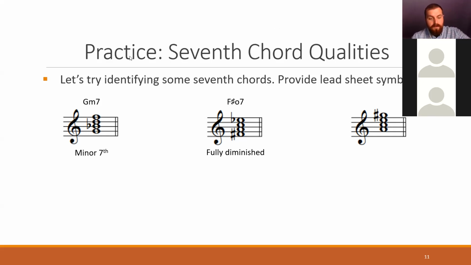Okay. Let's take some guesses. What do we got? What kind of seventh chord is this one?